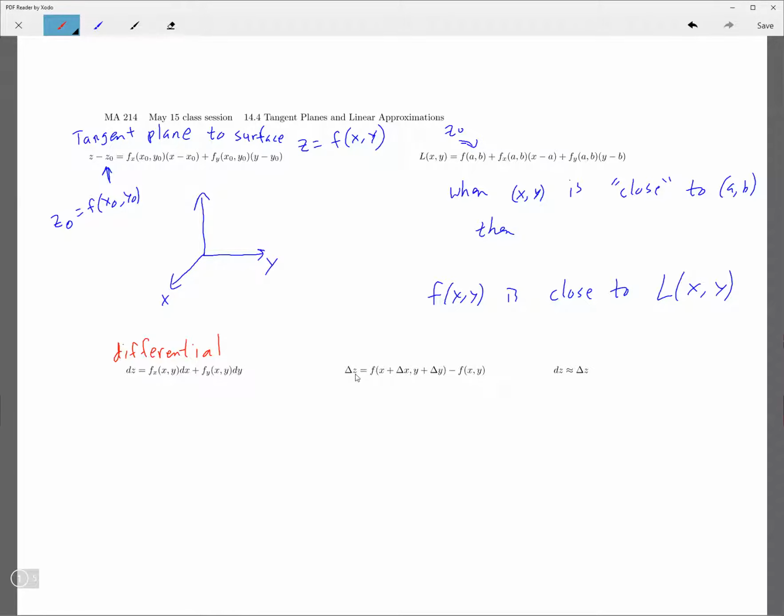And the actual change in z is the difference between f of x plus delta x, y plus delta y, minus f of x, y. And the differential is an approximation for the actual difference. Okay, and so we'll get to some problems based on that a little bit later.